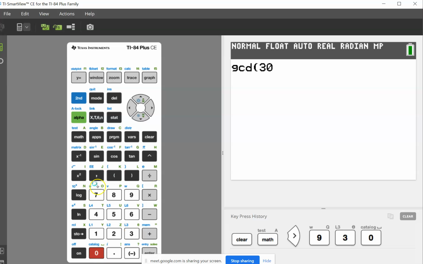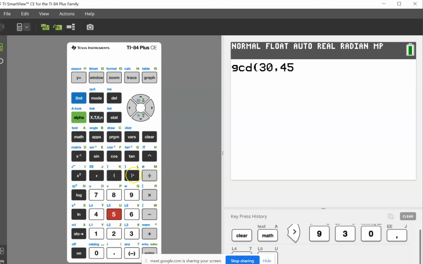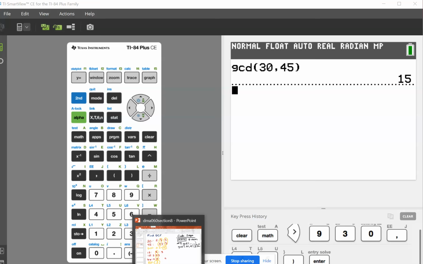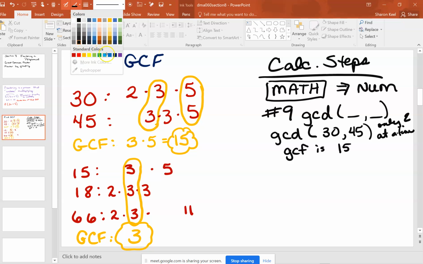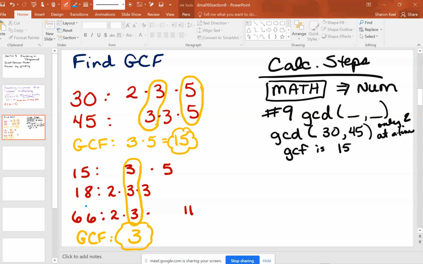Here's the comma. Above the 7 is the key for the comma. The 45, and then close your parenthesis, press enter. So the greatest common factor for these two numbers is 15.